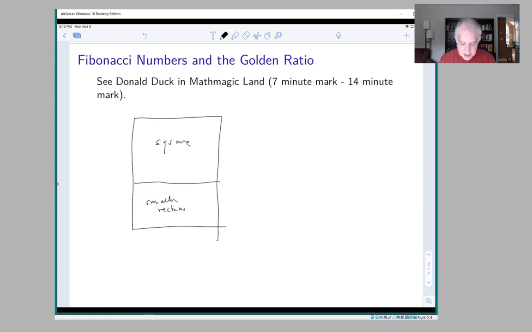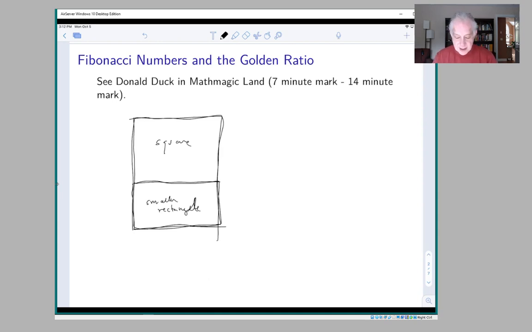And the ratio of the width to the height of the rectangle is said to be the golden ratio if the proportions of this smaller rectangle are the same as the proportions of the original rectangle. By proportions, I mean the ratio of the width to the height.